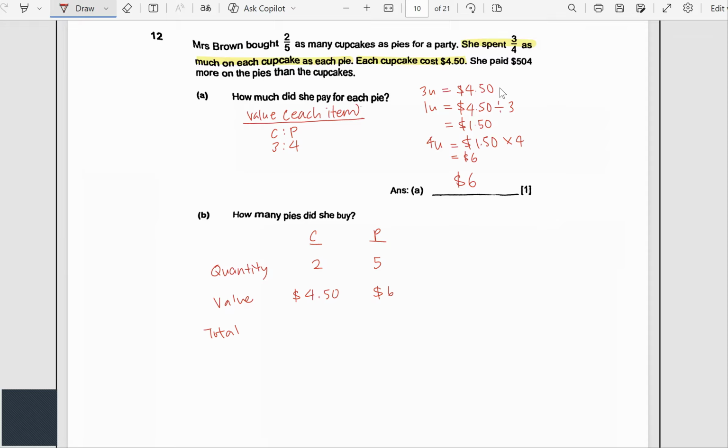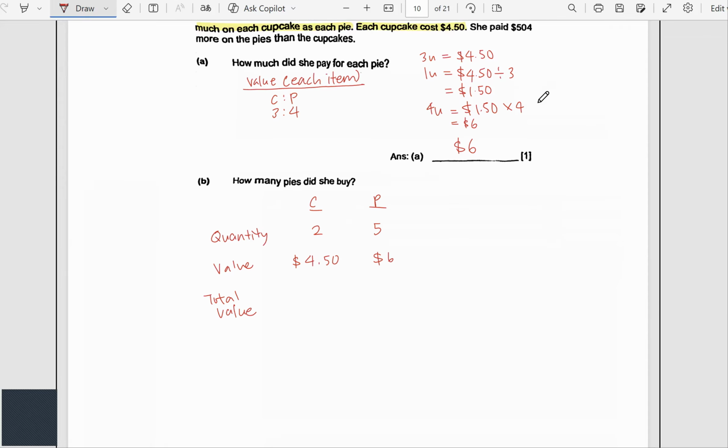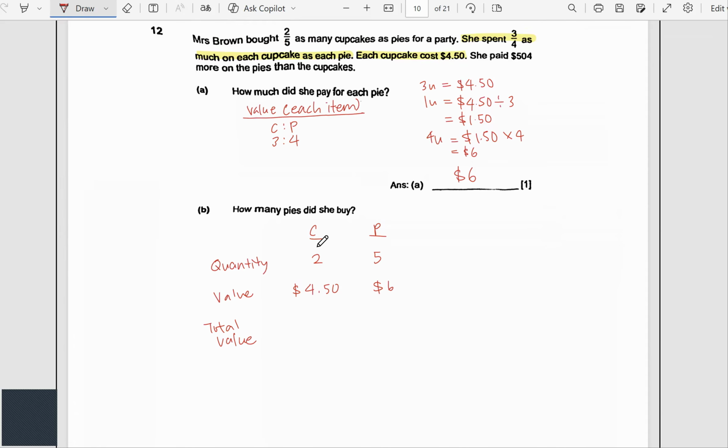Now we'll find total value, which means if we have two cupcakes, that will be 2 times 4.50. Okay, $9. Then for your pies, if you have 5 pies, it's 5 times $6.